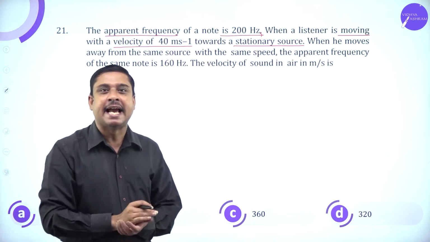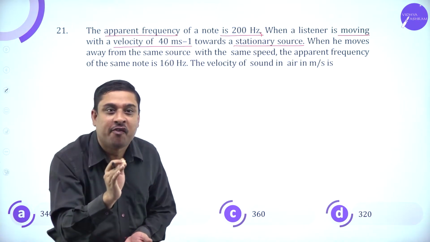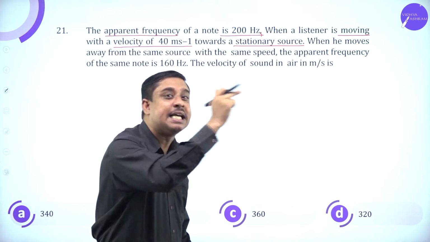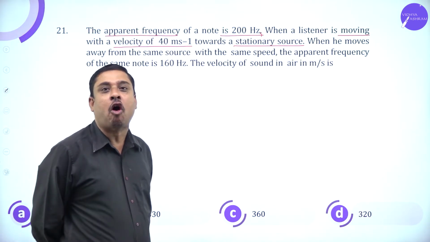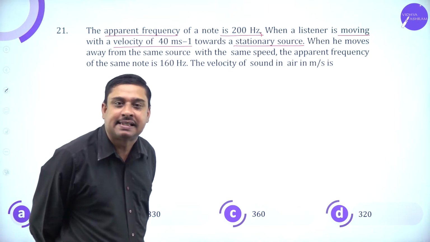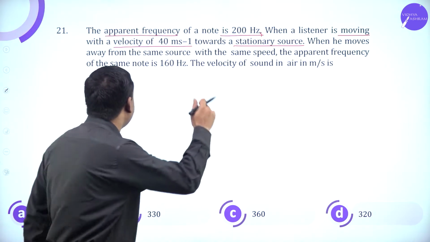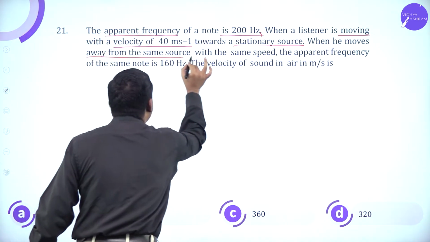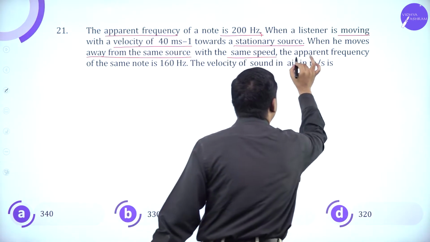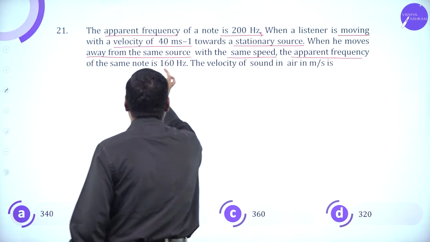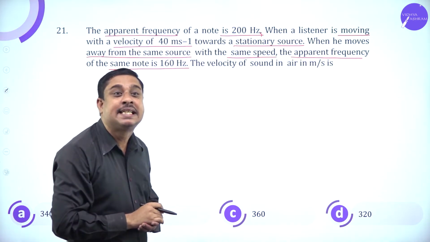In the first case, the listener is moving towards a stationary source with a speed of 40 meters per second. When he moves away from the same source with the same speed, the apparent frequency of the same note is 160 hertz.